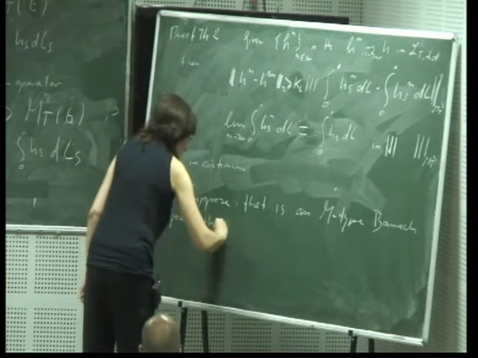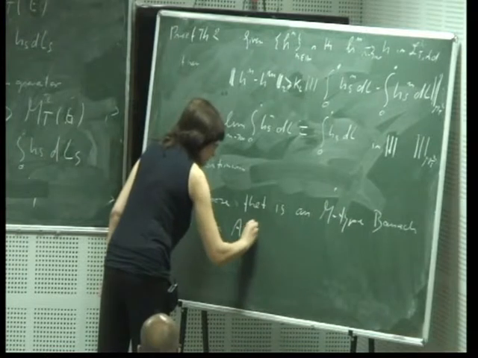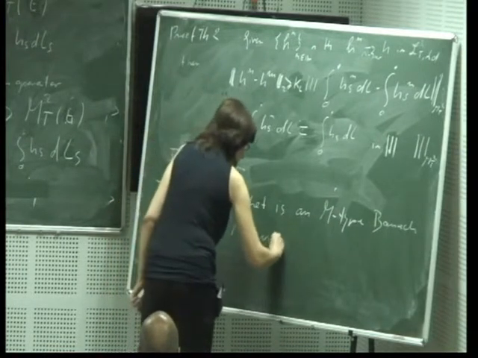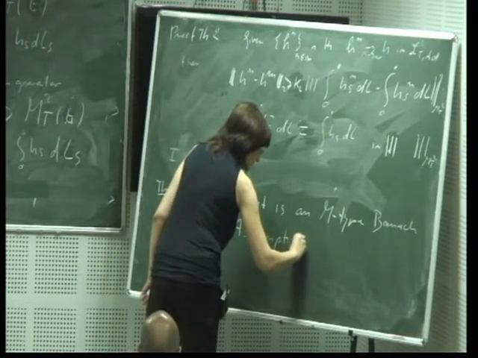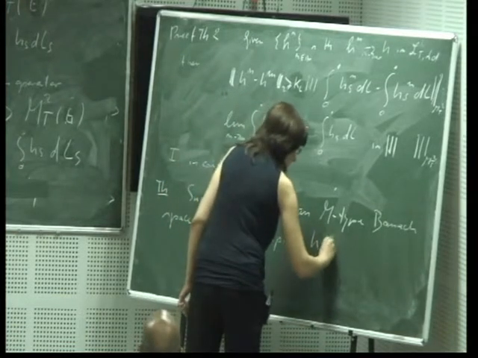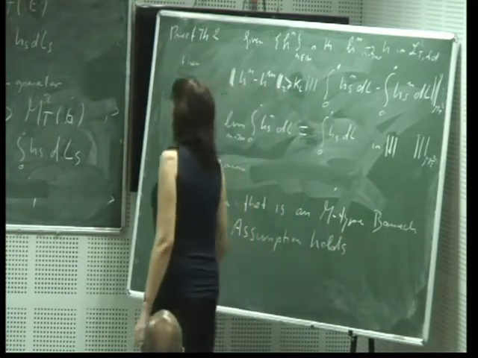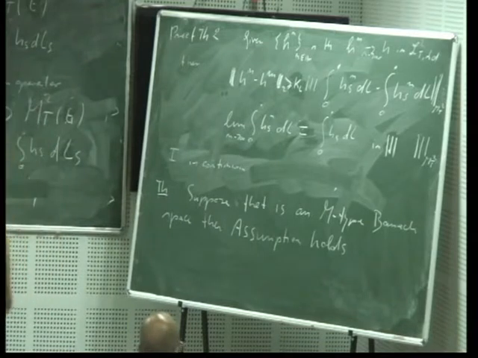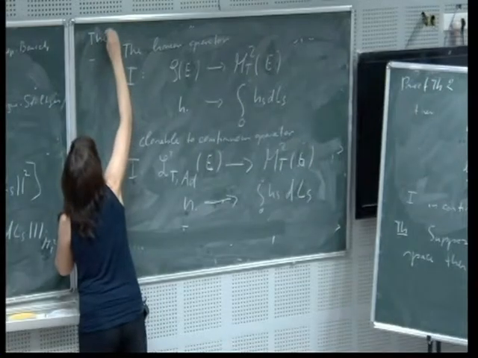Then the assumption holds. And therefore the Ito integral, this was theorem 2 prime, let's say, maybe 3.